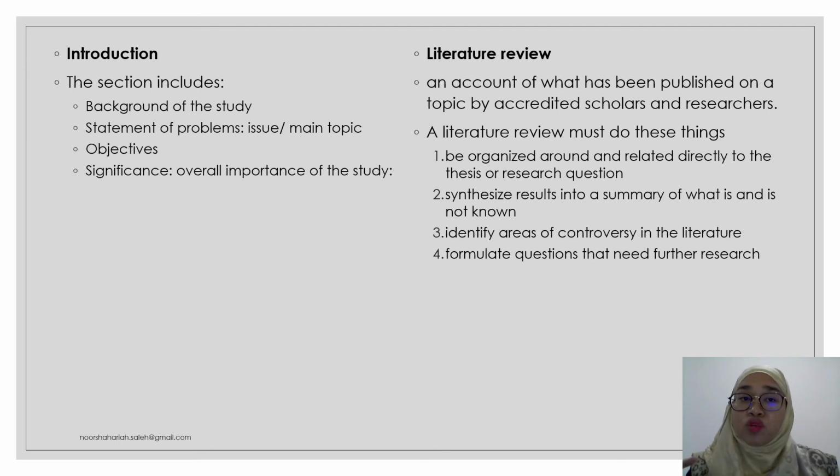Those will be the possible titles for the literature review. But all in all, they are talking about the review of the literature.